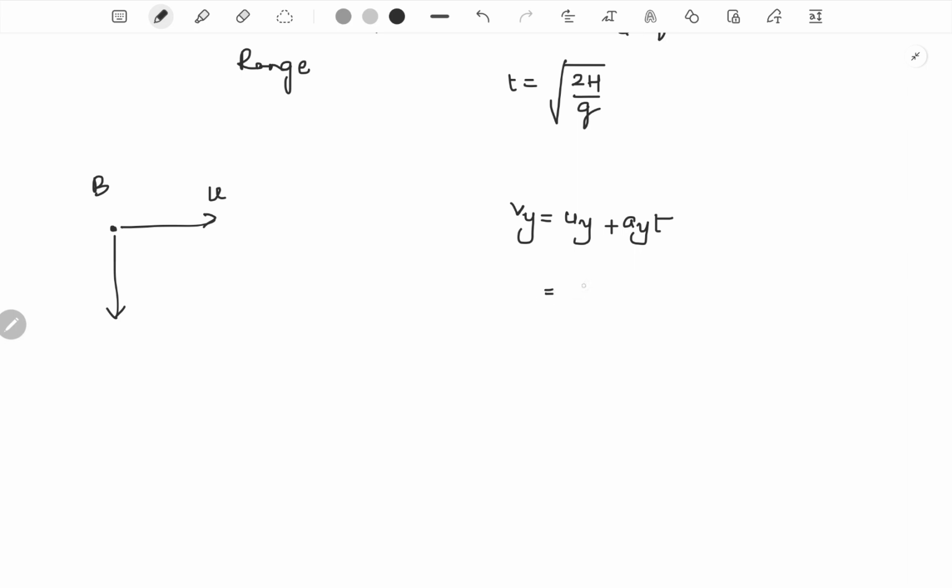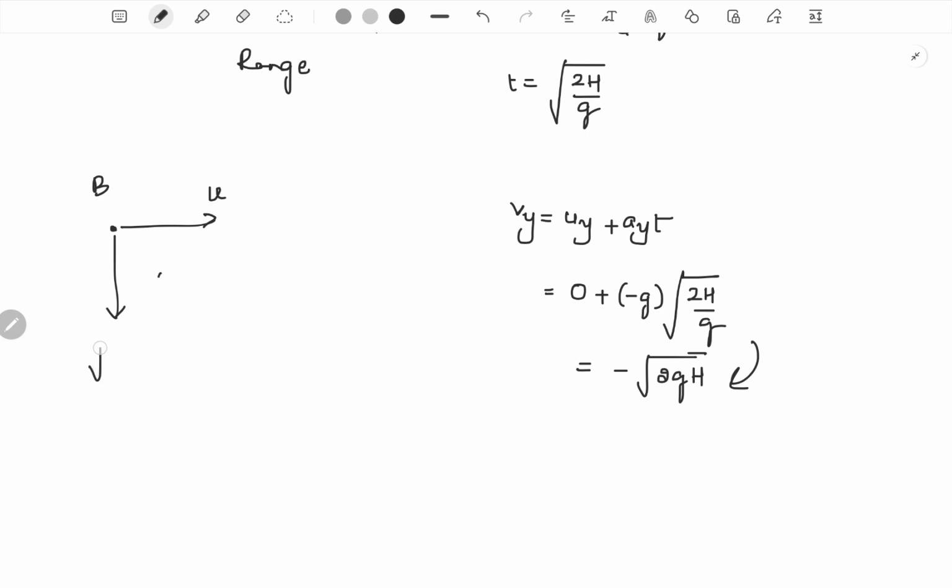So when it goes from A to B, at A the initial y component of velocity was 0, and the y component of acceleration was minus g. t represents the time it takes to go from A to B, during which its velocity was increasing. It should be minus g into root of 2h by g, which is equal to minus root of 2gh. So this relation is also similar to what we discussed in the case of a freely falling body.